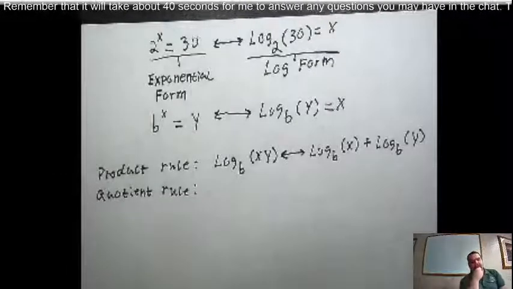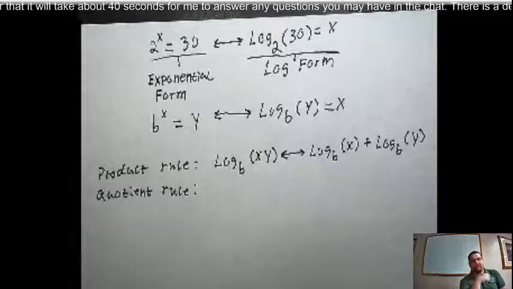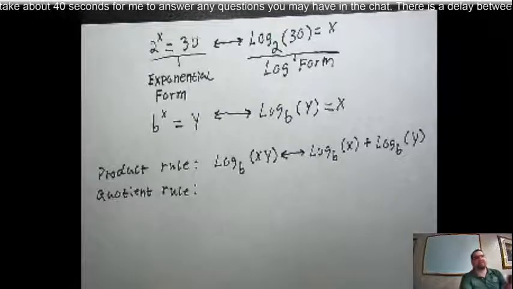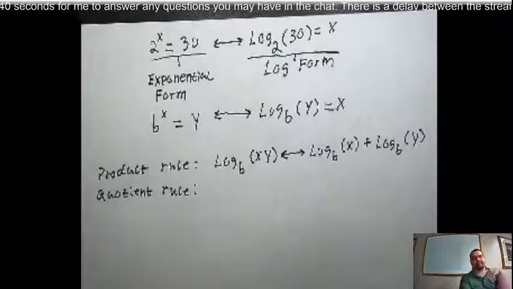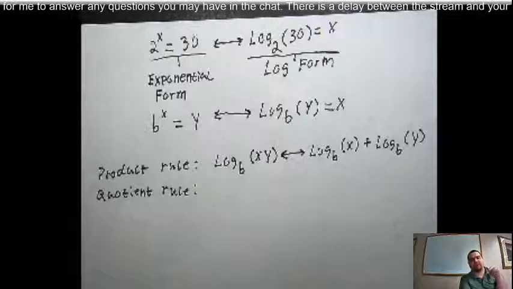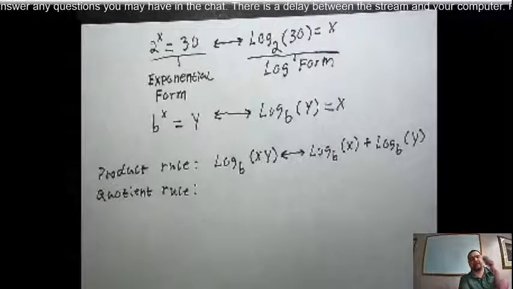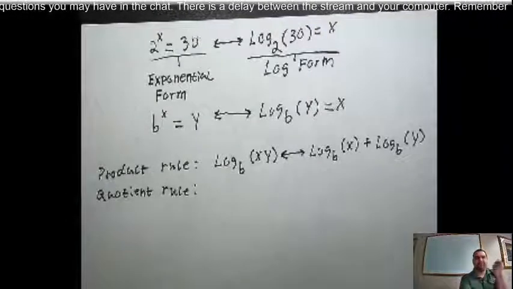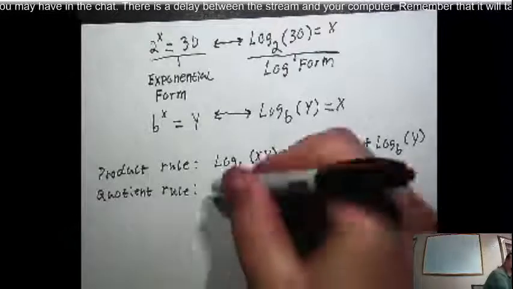So let's see, when we were talking about powers, the quotient rule said that if we have two numbers that we're dividing and they have powers on them, then we will subtract those powers. Same thing with logs.